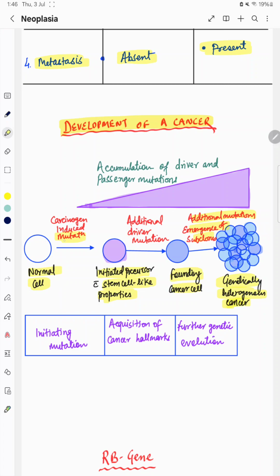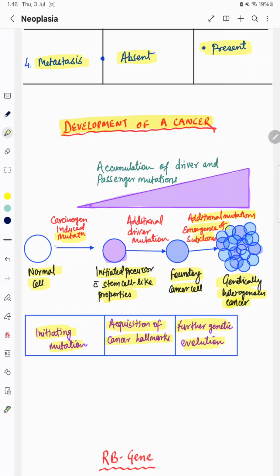As we can see, first there is an initiating mutation in the normal cell. Then after this initial mutation, there will be acquisition of the cancer hallmarks that we will discuss in the next lecture. What are the cancer hallmarks? And after acquisition of these cancer hallmarks, there will be further genetic evolution.